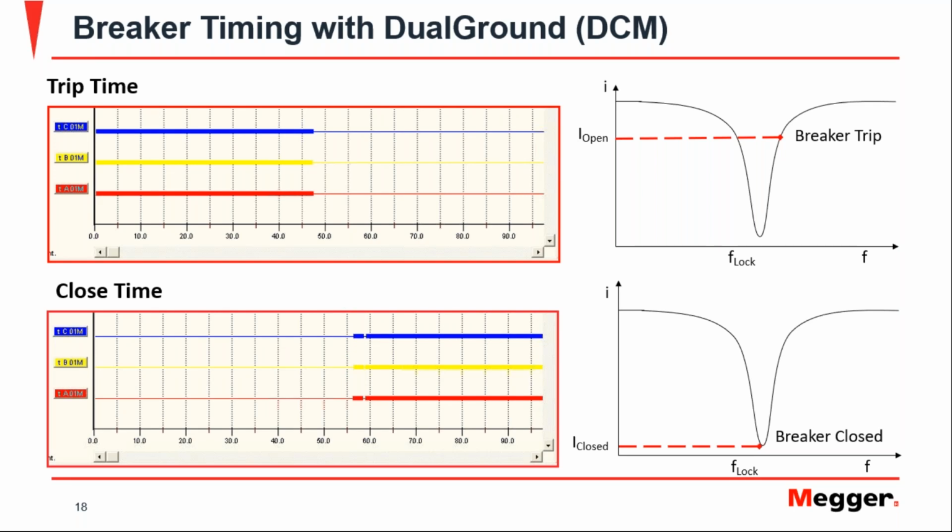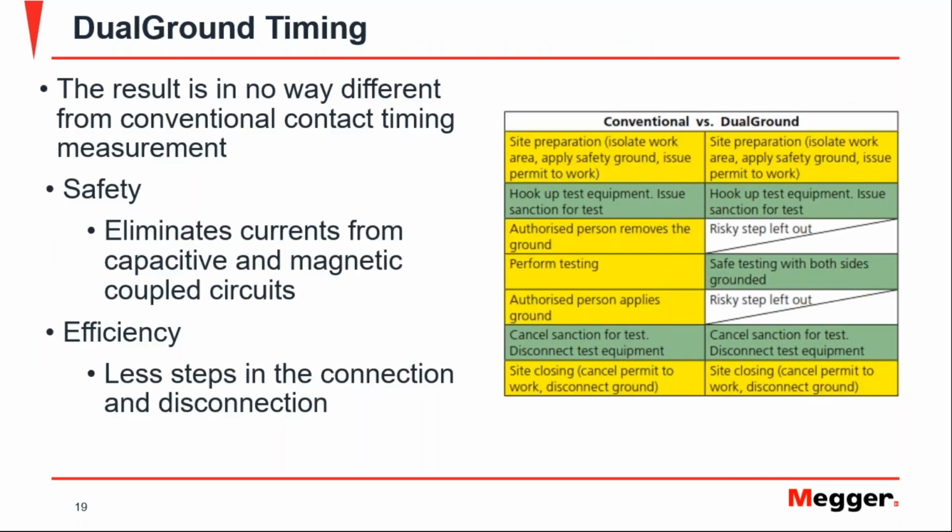There's another technique to do dual ground, which is dynamic resistance measurement, but that is not as accurate as the DCM test, and you won't have the results in the same conventional way. So DCM is a very practical way to do it. It improves safety and efficiency. You don't have to do all of these steps when doing the testing, and the result is exactly the same.